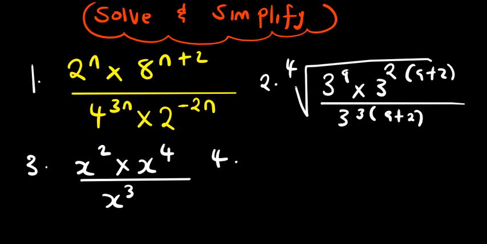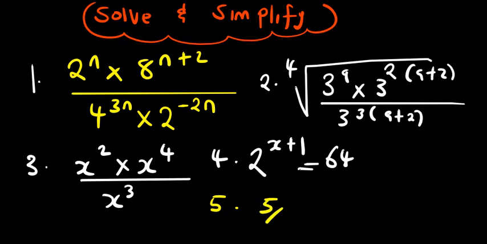Number 4, let's also put, just for refreshing, let's say 2 to the power x plus 1 is equal to 64. Okay, let's also put number 5. Let's say you are given to find 5 over 2 to the power negative 3.